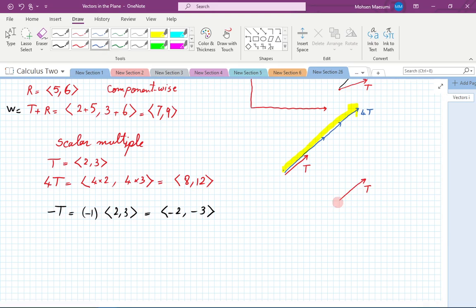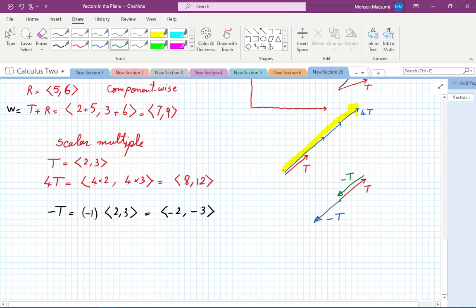One is start from the same point and just go in the opposite direction. So that's one way of getting minus t. Another way of getting minus t is to flip the heads and tails of the vector that you have. So this is another common way of making a minus t.